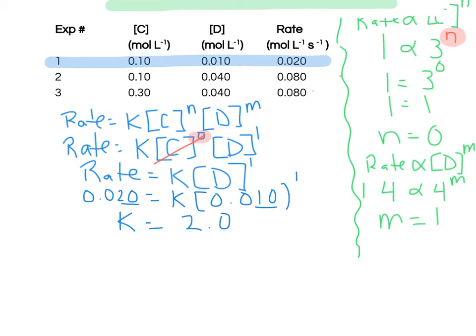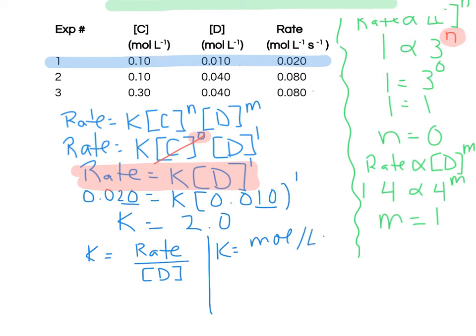In order to do that, I'm going to go back and look at what my rate was. My rate was this right here, once I removed that C at a 0 order. So if I rewrite that rate law isolating K, I get that K is equal to my rate divided by the concentration of D. So K is going to be equal to moles per liter per second divided by moles per liter.